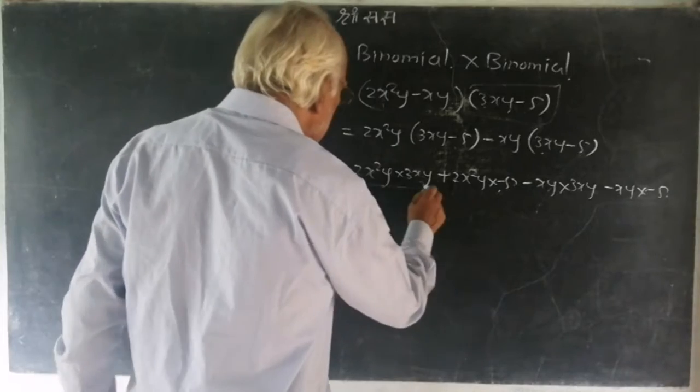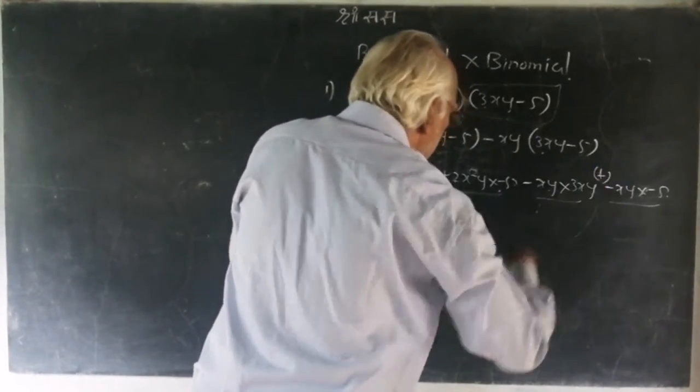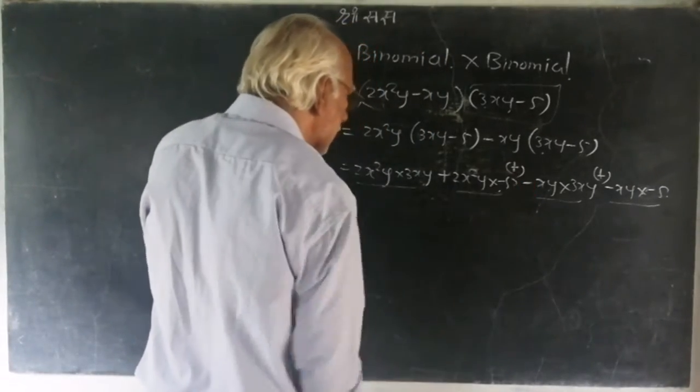So now 1, 2, 3 and finally 4. For your convenience, you can write down the plus sign here, and here also.